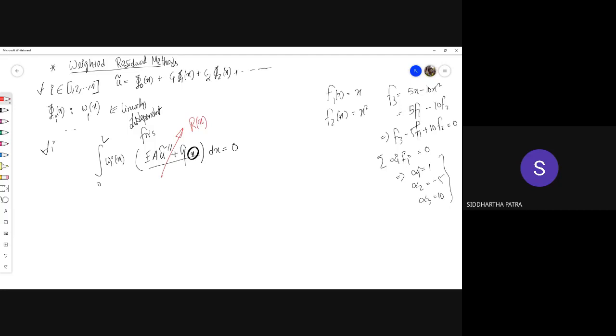It is not 0 everywhere between x equals 0 and L. It may also be non-zero everywhere, but I'm trying to put some sort of bound on it. It may be non-zero, but it's not infinitely open. It is somehow bounded.